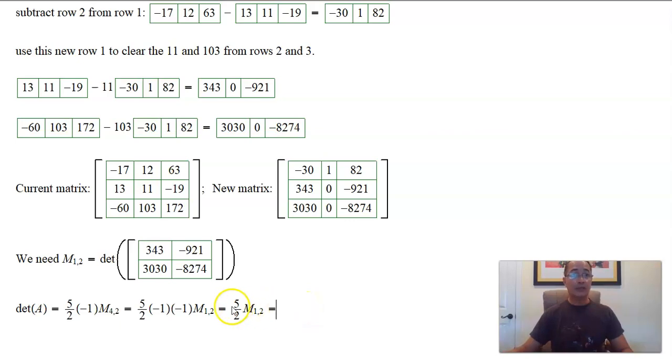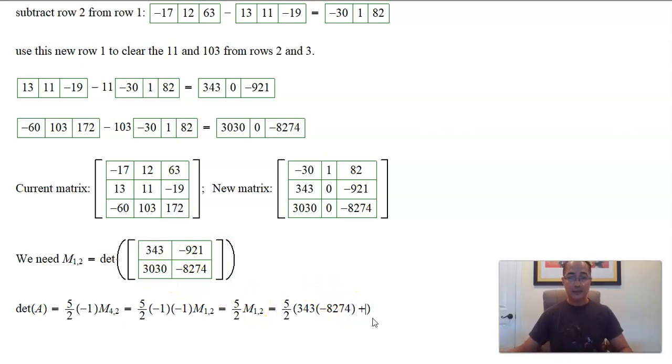But M12 is just a 2 by 2 determinant, so we can just use the formula. So we want 343 times negative 8274 minus this product.